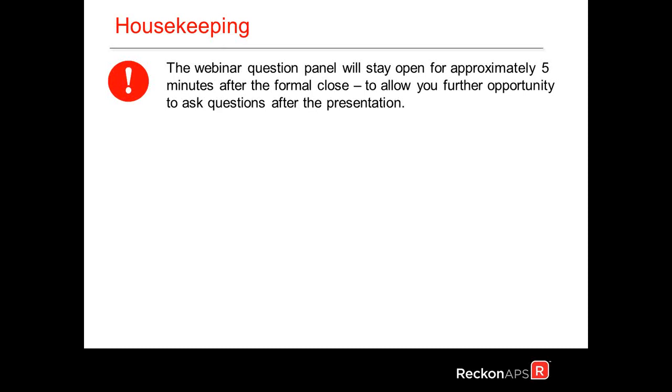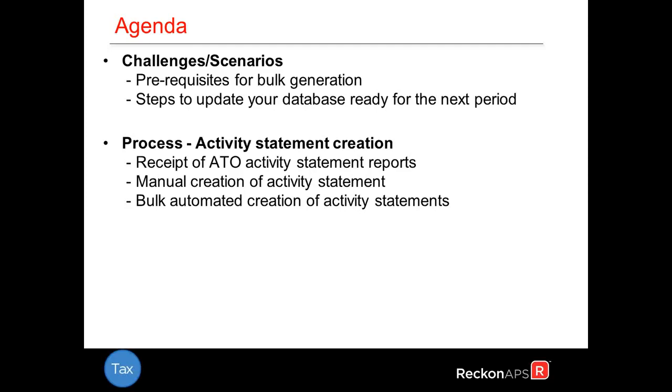If everything is in order, we shall make a start. The agenda today: challenges and scenarios from a tax agent perspective. We'll be talking about the prerequisites for bulk generation of activity statements. We'll discuss the steps to update your database and get it ready for the next period, and what the ongoing process would be to keep your database up to date, so that as each period rolls around for the activity statements, you're ready to go.